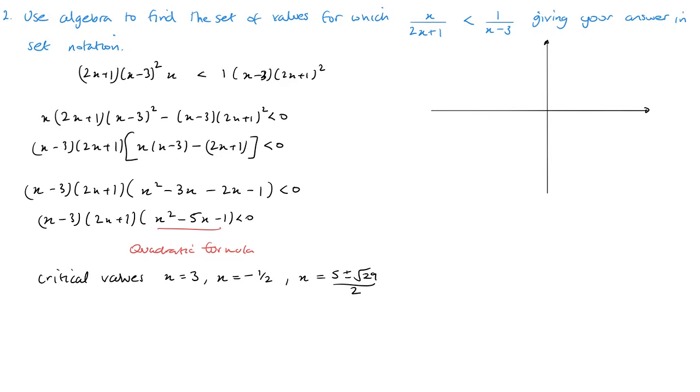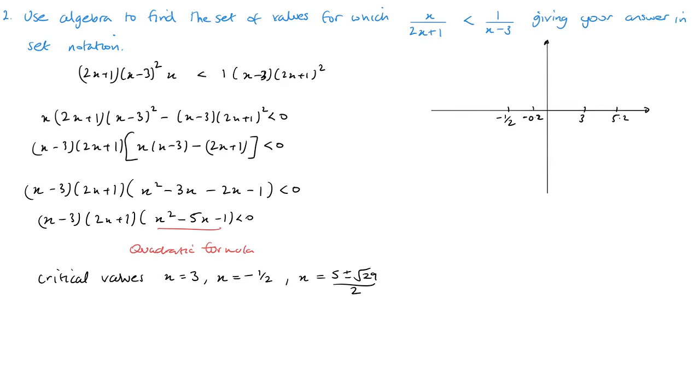First of all, 5 minus root 29 divided by 2 is minus 0.19 or minus 0.2. So we've got minus a half, we've got minus 0.2. Now, 5 plus root 29 over 2 is 5.19, or 5.2. So our next set of values is 3 and then 5.2.